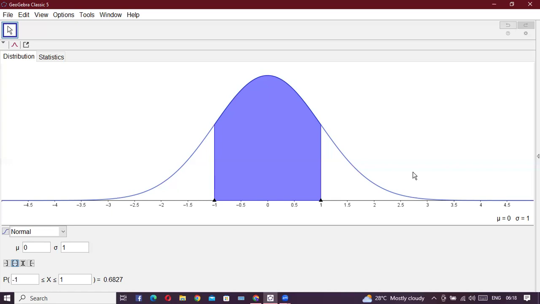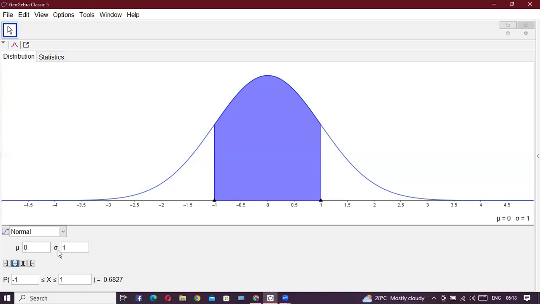There were other things that we said about the normal distribution. Approximately 68% of the data falls within one standard deviation of the mean. That is the basic one that GeoGebra already shows you when you open the probability calculator. The standard deviation shows how far a value is away from the mean.